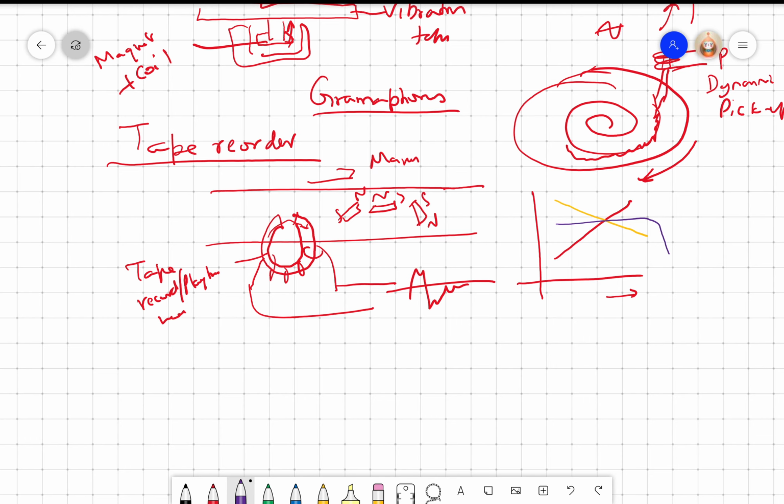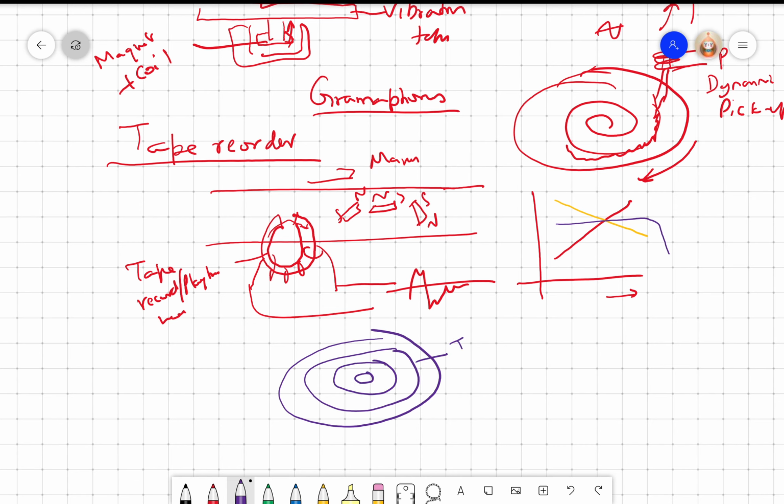Initially, the data was recorded on magnetic discs. Once again, you have a disc, so you have tracks, right? And you put a magnetic head.